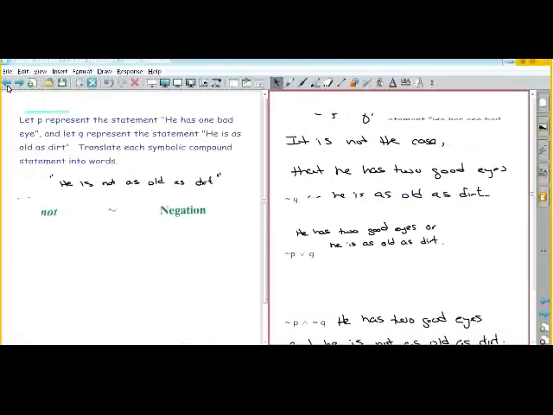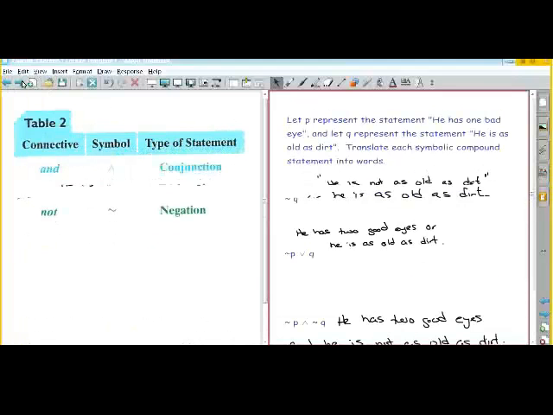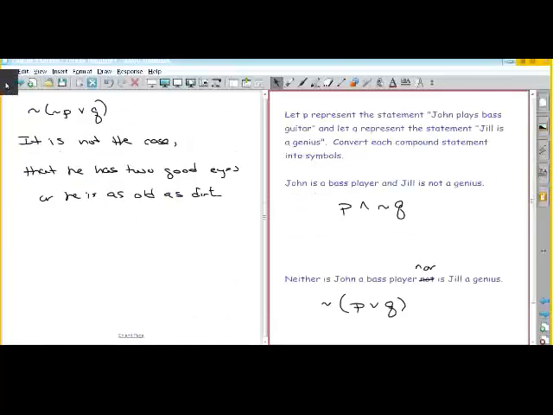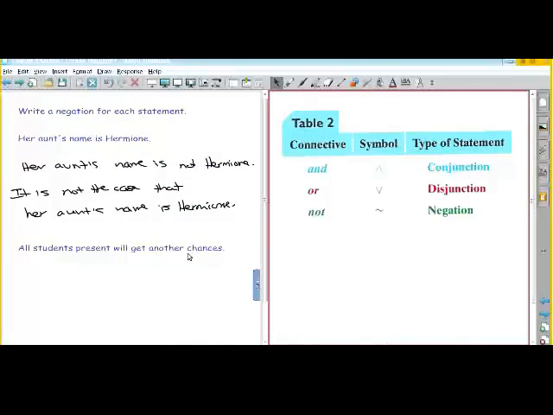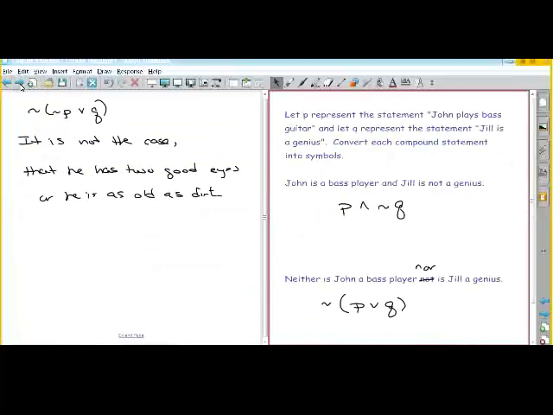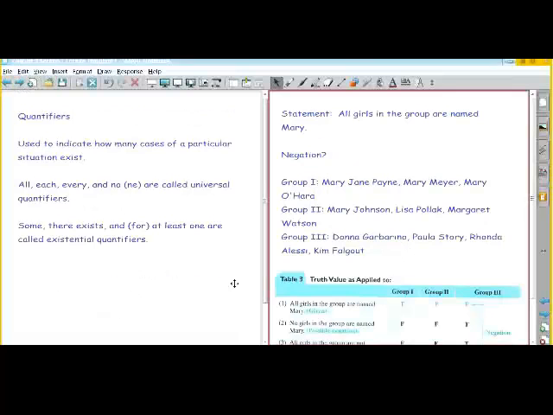So if we go back to this other question here where we're looking at negations, it was, all students present will get another chance. So all, what is the opposite? Well, is it exactly what we had here?